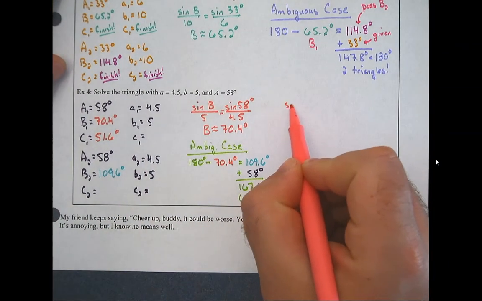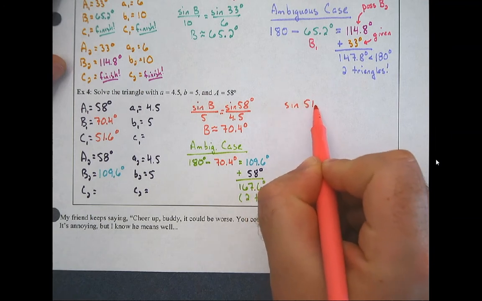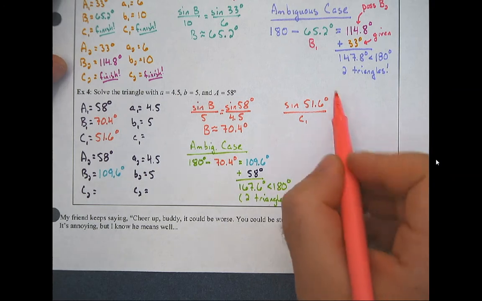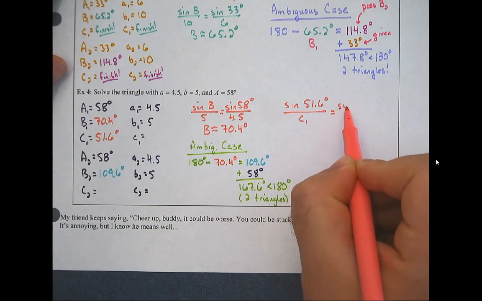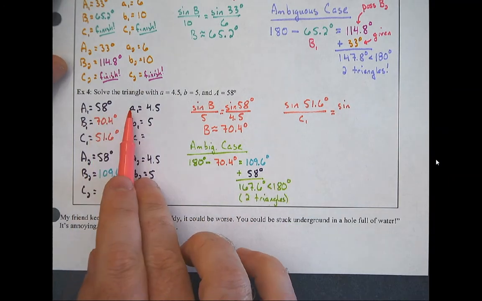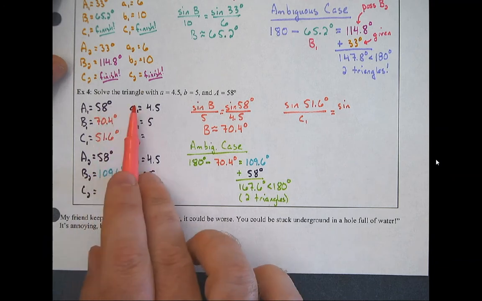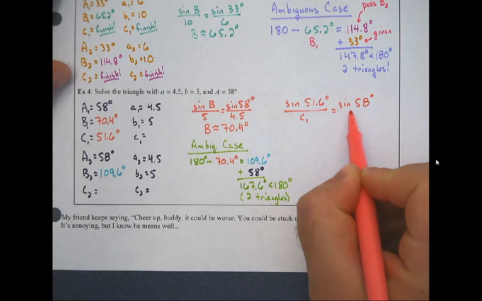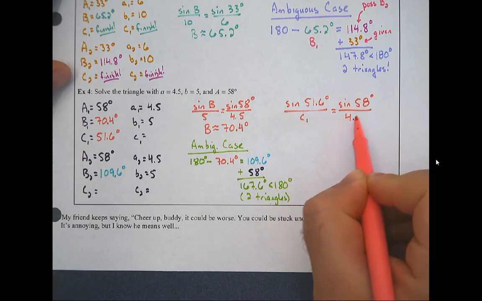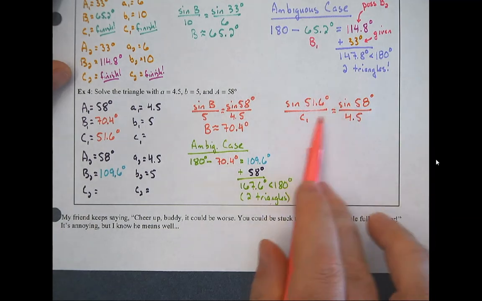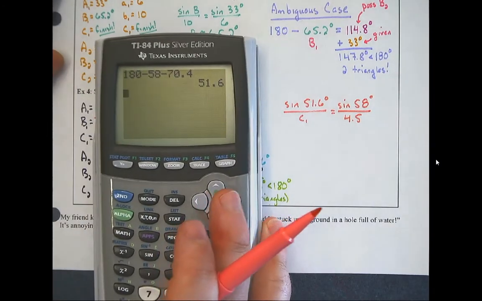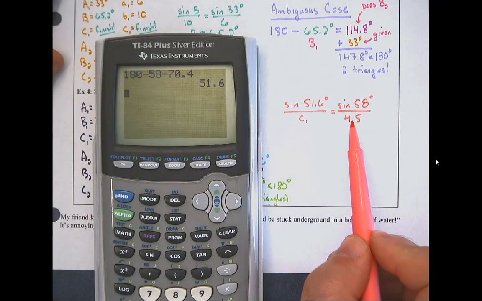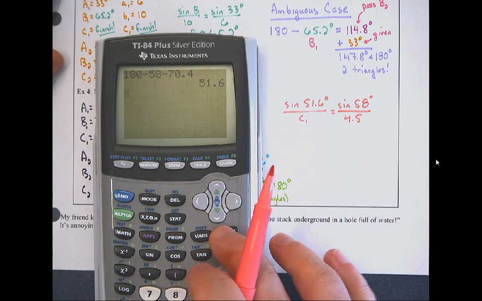So sine of 51.6 degrees over little c1 is equal to sine of, and always pick the one that they gave us, because that's technically not rounded. It probably is rounded, but they gave it to us, and we can assume it's not rounded. I'm just going to solve this on my calc. So I would have to cross multiply.